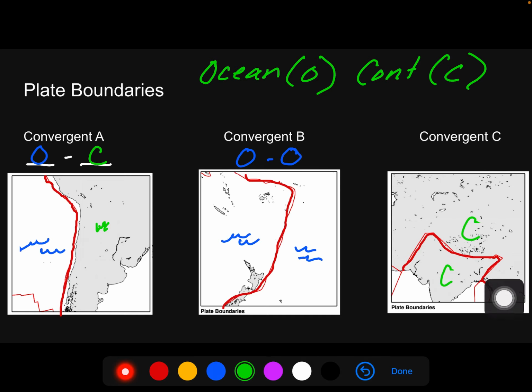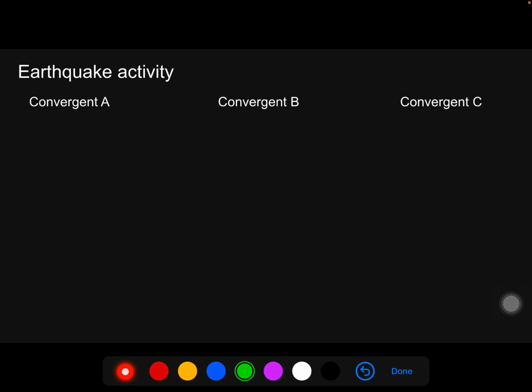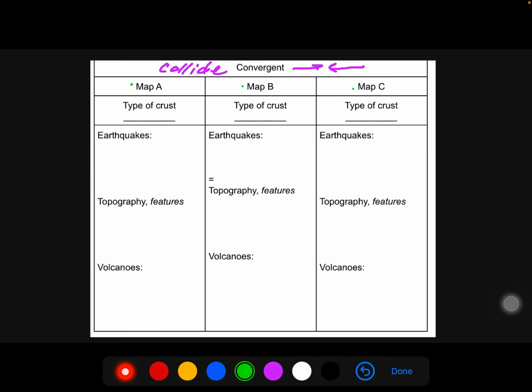So, you know, we do see parts of the ocean on this map. We do see some land on this map. But when we look at a majority of the boundary, it's sitting in between those two types of crust. So on your table, you should be filling in ocean-continent, ocean-ocean, continent-continent.